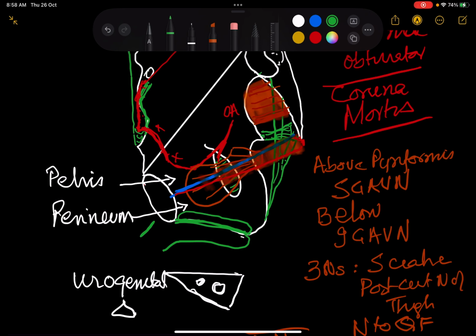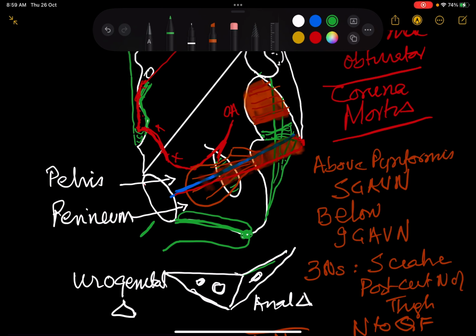So it is also called the anal triangle. Anal triangle will be bound by the sacrotuberous ligaments of both sides and the posterior margin of the perineal membrane. And here you will have the perineal body.